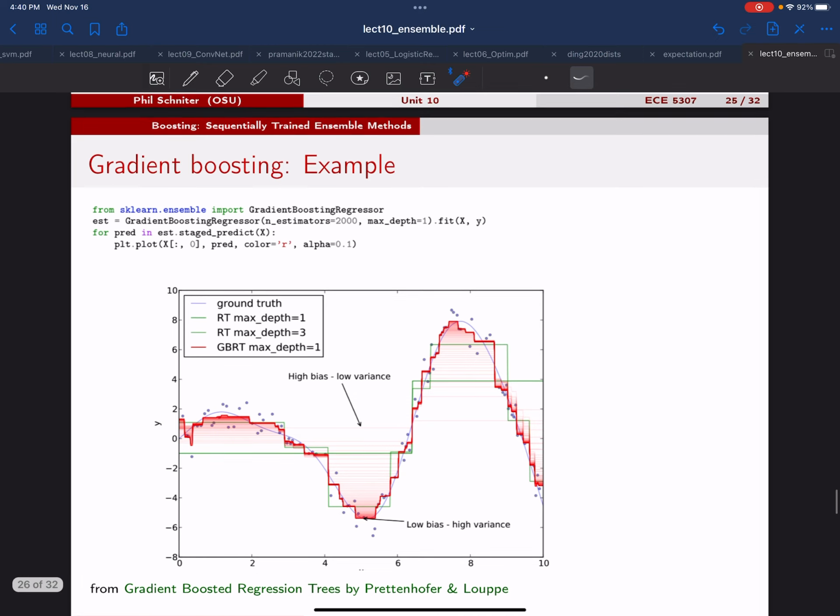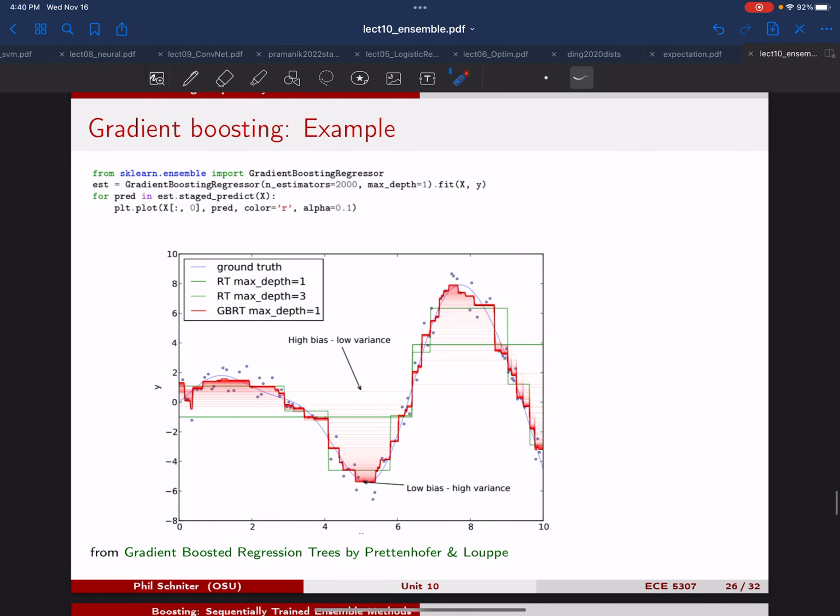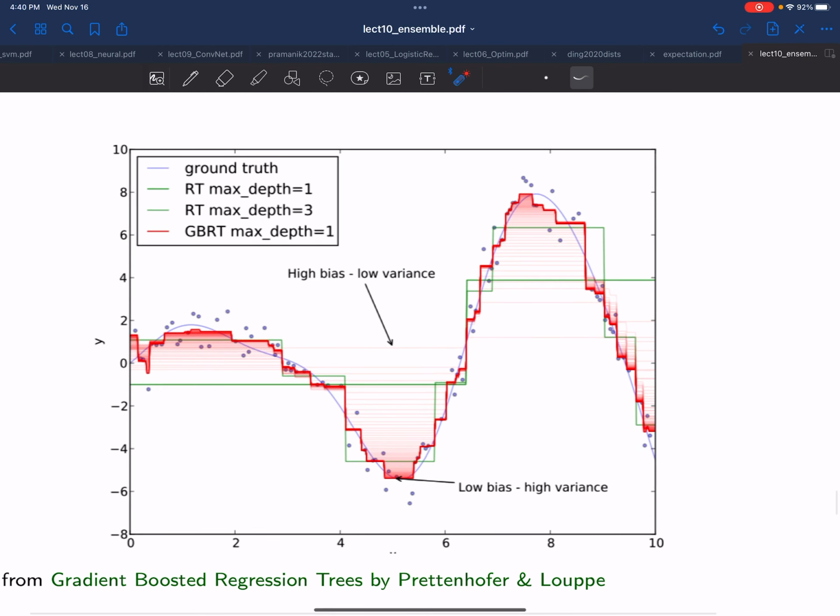Okay, so here's a simple example where this gradient boosting regressor was trained, and you can pull out of it the different stages. In this picture, the different stages are plotted. This is a regression problem. We're trying to predict this smooth blue curve from the dot samples.